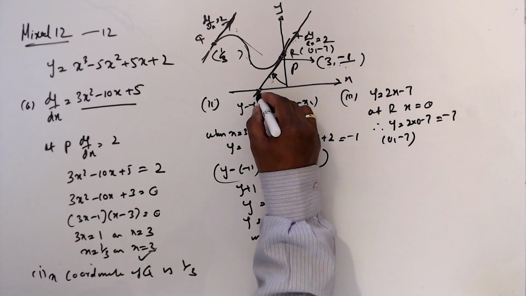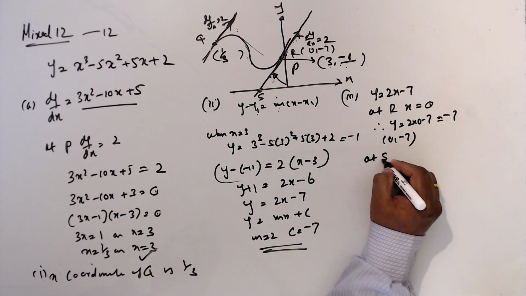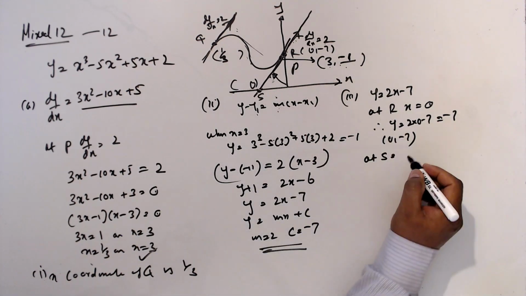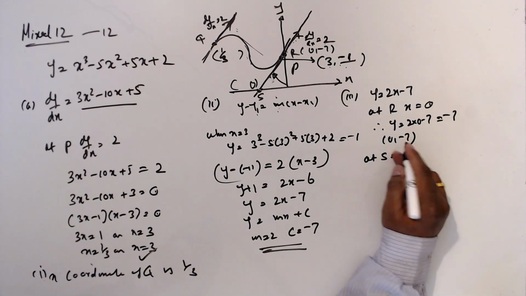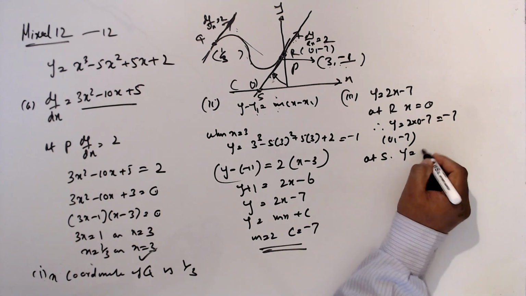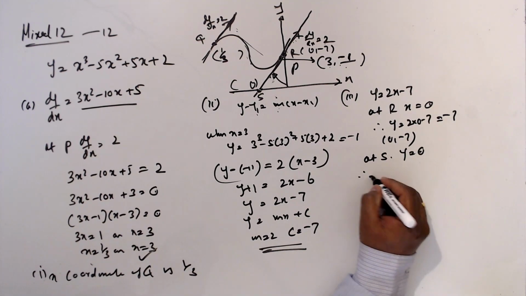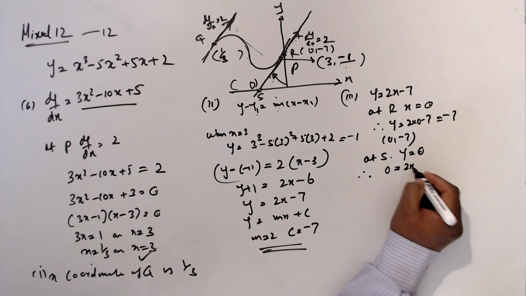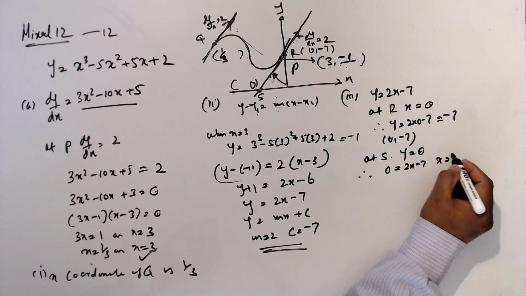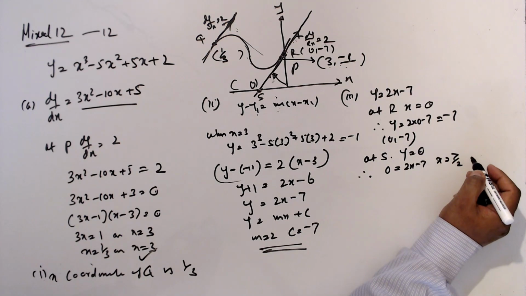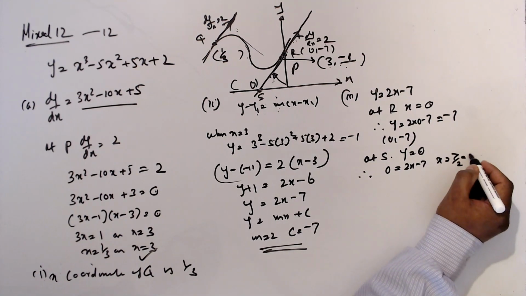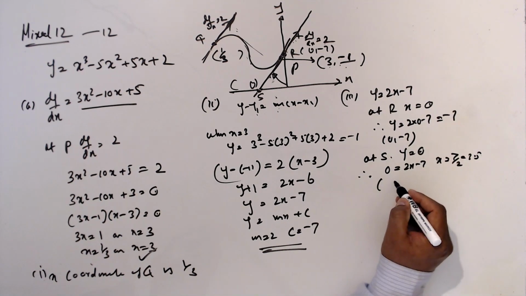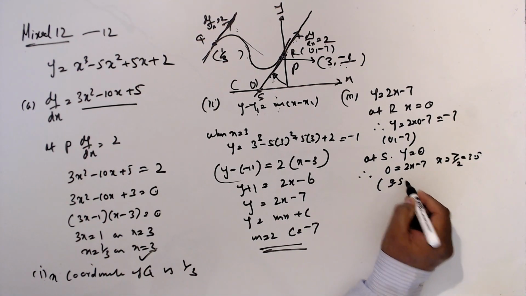Then at S, the y value is 0. Hence 0 equals 2x minus 7, so x equals 7 divided by 2, which is 3.5.